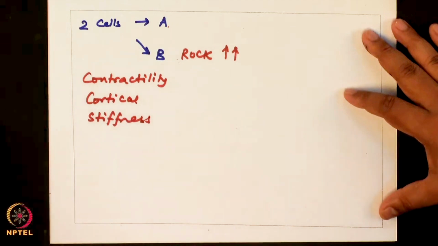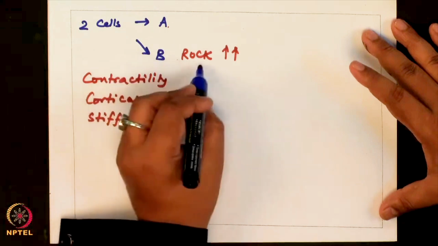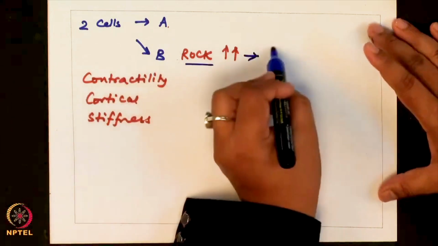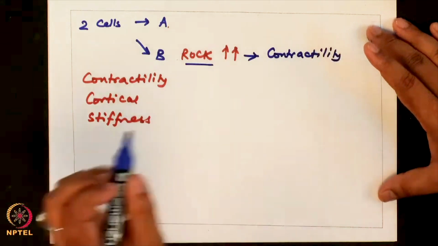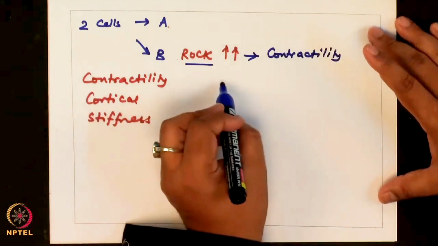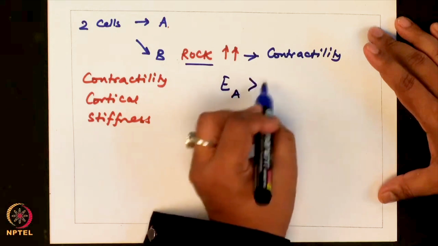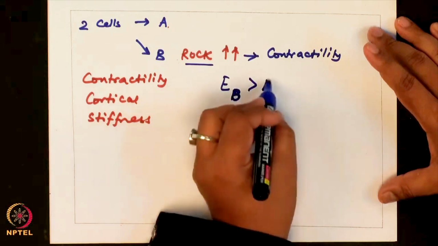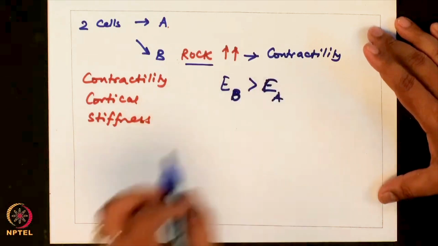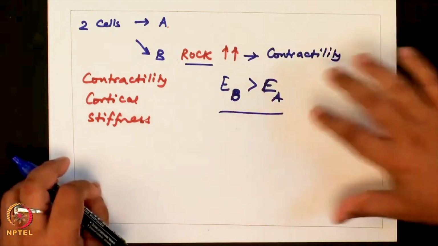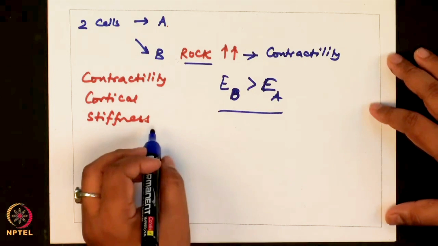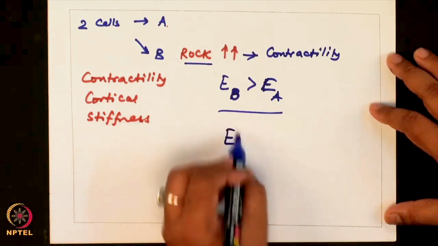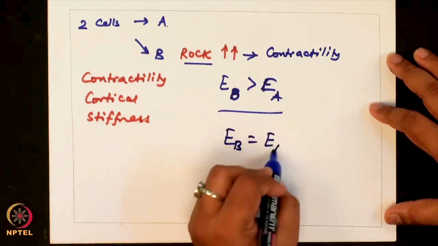What you were initially expecting was, because B has a higher amount of ROCK activity, which contributes to contractility, that E of B is greater than E of A. But to your surprise, you did not observe any change. So, you found E of B equal to E of A.